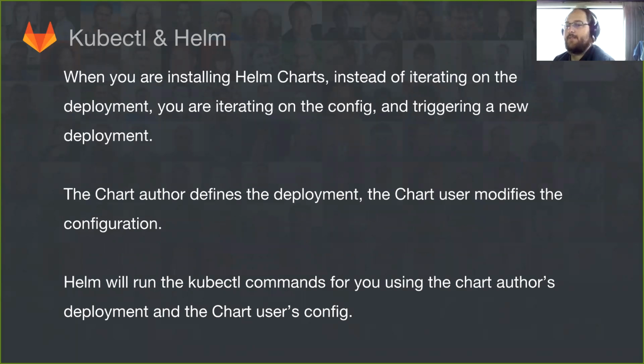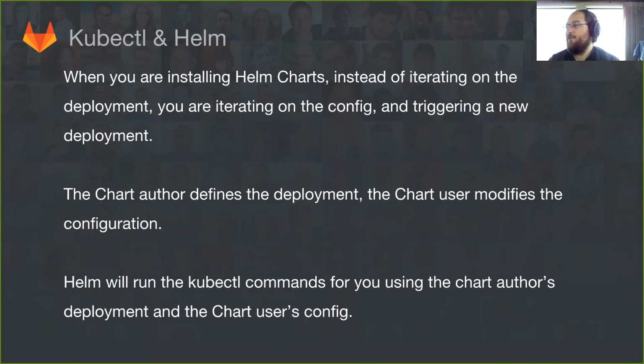When you're using Helm charts, instead of iterating on the deployments directly like I was just mentioning, as a user of these templates you tend to iterate on the configuration. Think of it like the Omnibus GitLab RB file.